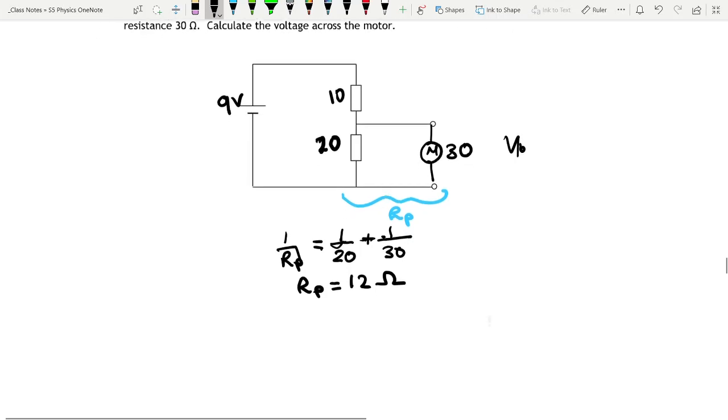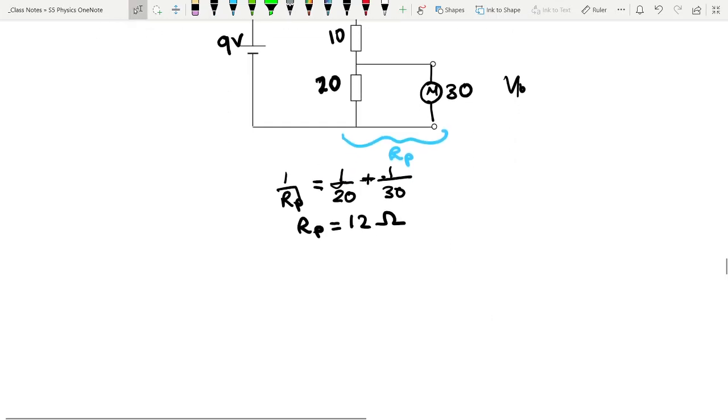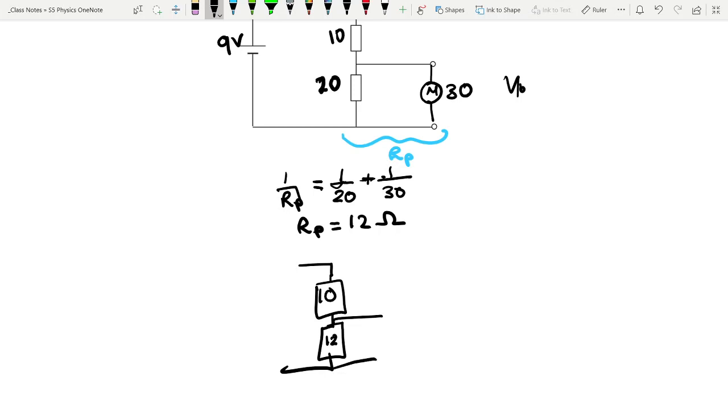So realistically what we actually have is a potential divider with 10 ohms and 12 ohms, and we want to find the voltage out there. So potential divider equation again. V out equals, in this case, R2 is 12, divided by 12 plus 10, so divided by 22, times 9, which comes to 4.9 volts.